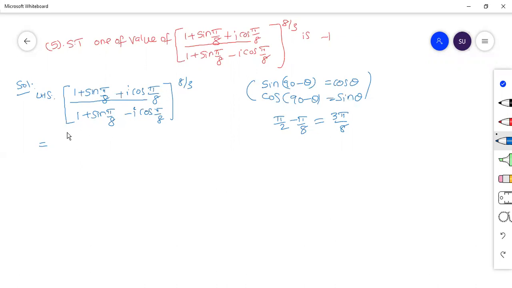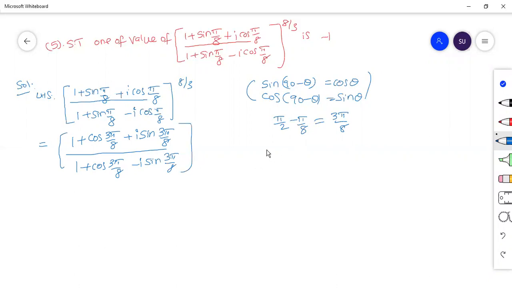So now can I write it as 1 plus cos (pi by 2 minus pi by 8)? What is pi by 2 minus pi by 8? 3 pi by 8. So I can write it as cos 3 pi by 8 plus i into similarly sine 3 pi by 8, divided by 1 plus cos 3 pi by 8 minus i sine 3 pi by 8.